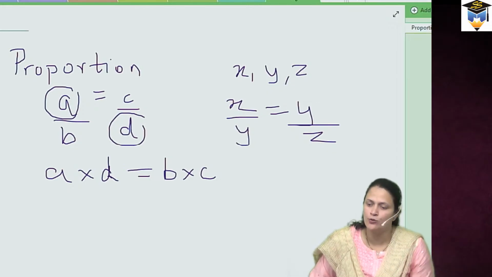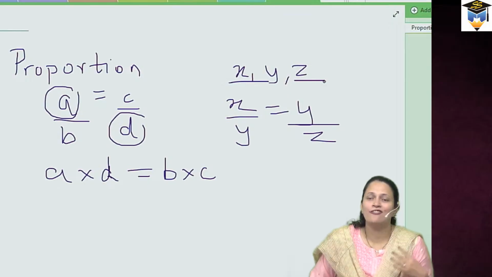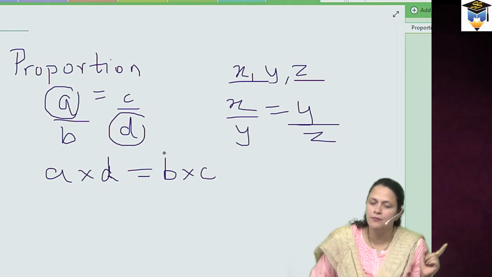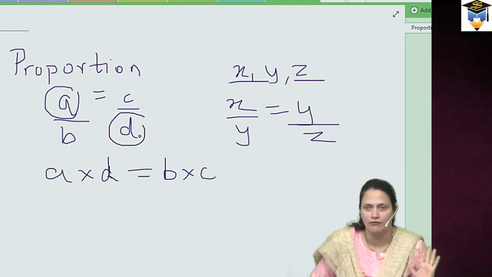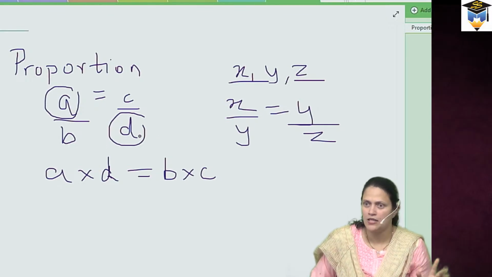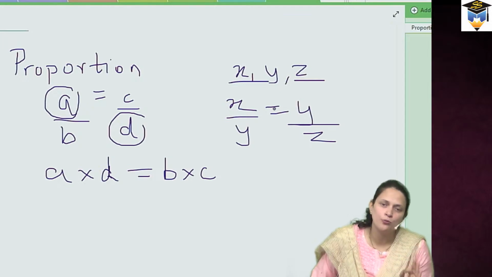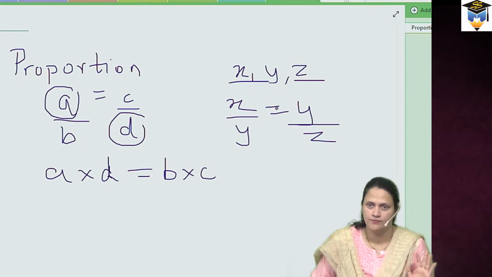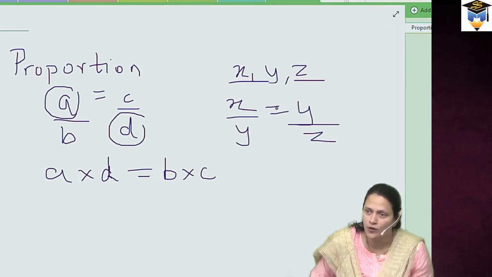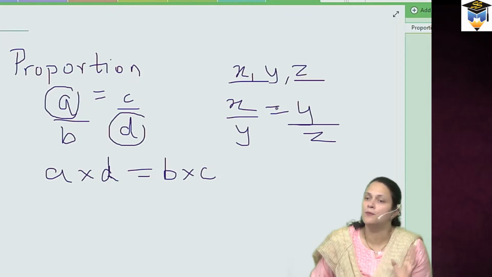When there are three values, extreme values will be this and this. If there are four numbers which are in ratio, then the first number and the last number will be the extreme values. So that's why we say product of the means is equal to product of the extremes. Understood? But the main thing is the ratios have to be equal. Then only you say they are in proportion.